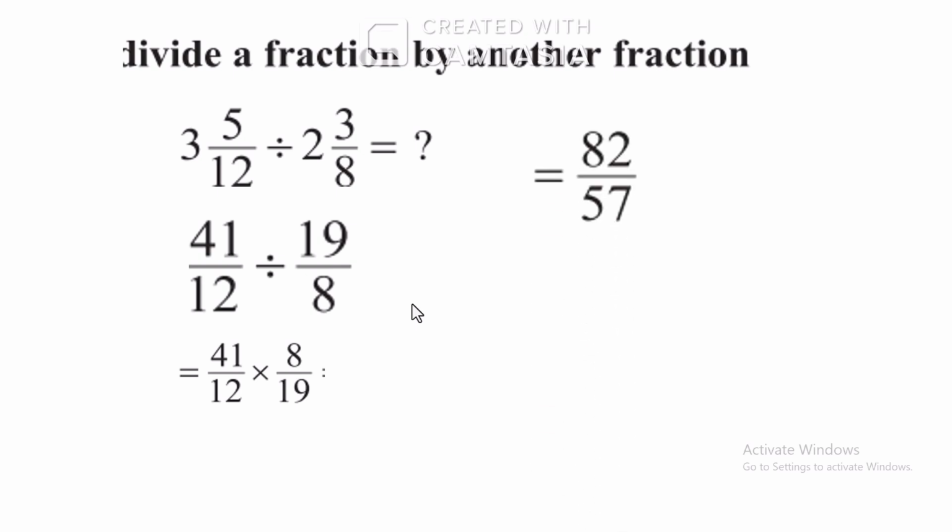It will be 82 by 57 after reducing. 82 by 57 is an improper fraction, so we have to make it a mixed fraction. If we make it a mixed fraction, we get 1 of 25 by 57. It was very easy.